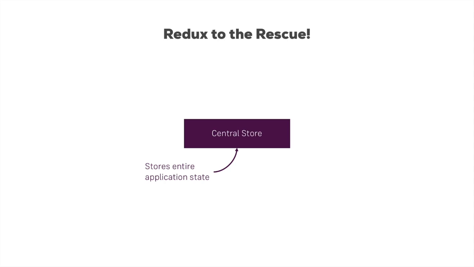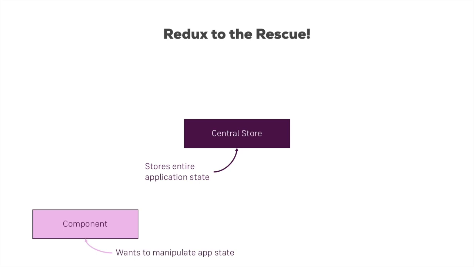Now, in a React application, and again, Redux is independent from React, but it's the most common use case and it's a React course here, in the end, we got components. And a component probably wants to manipulate or get the current application state. Now, it doesn't do that by directly manipulating that central JavaScript object. That would not be picked up by React's reactivity system, and even worse, it would make our store pretty unpredictable.